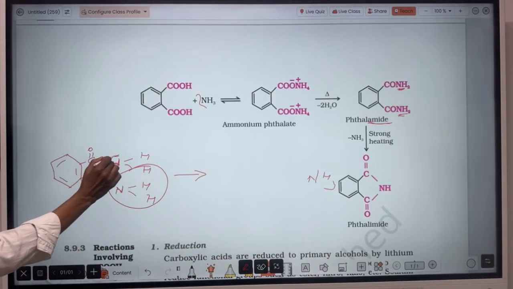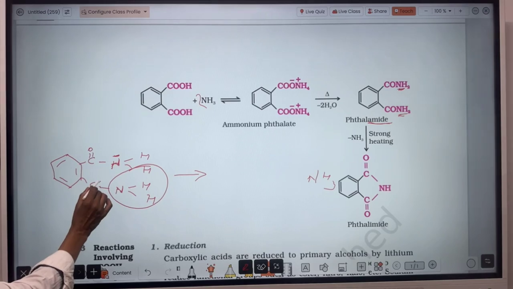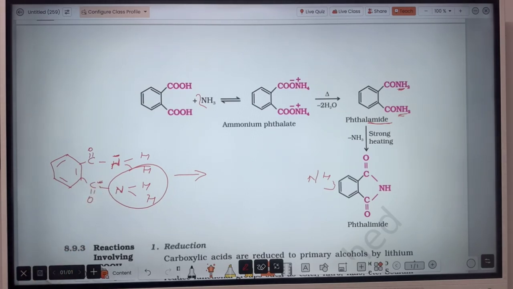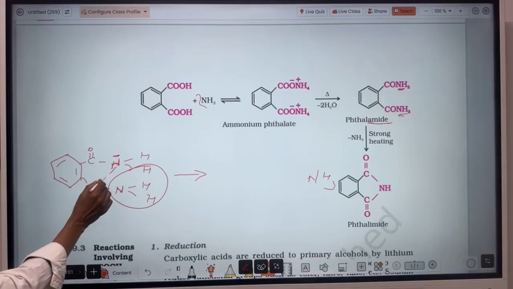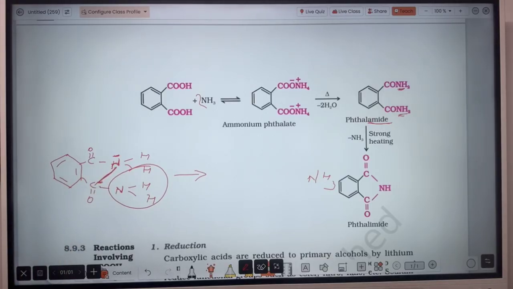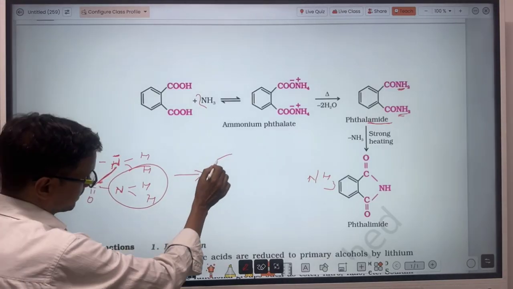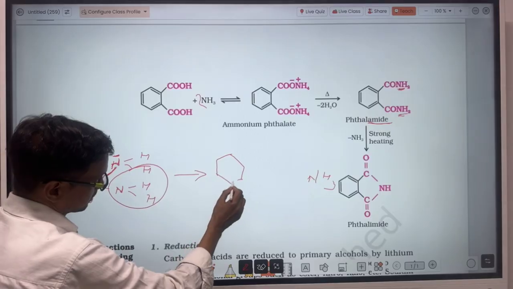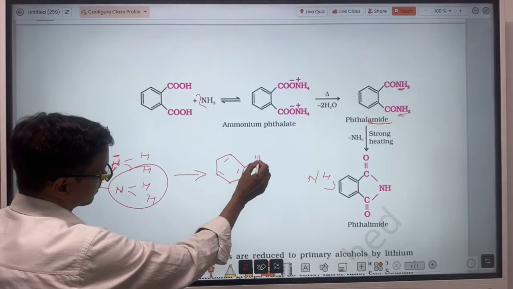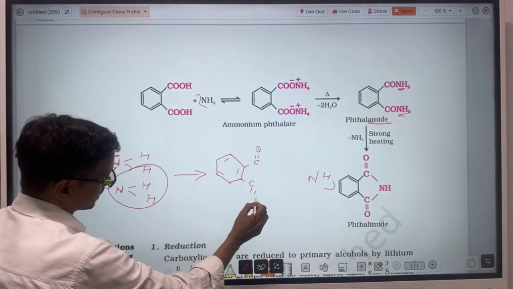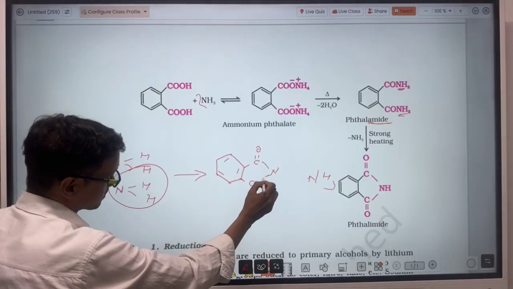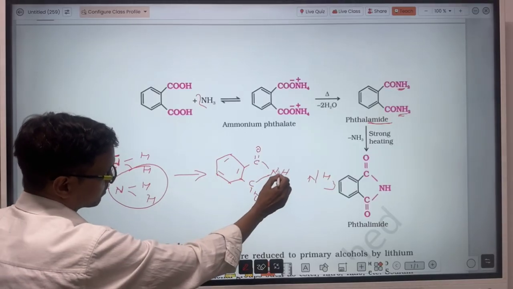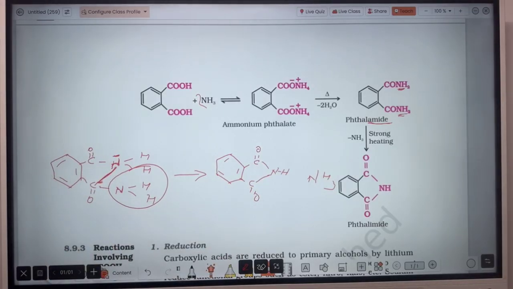Then the valency of this nitrogen atom and of this acyl carbon atom will both be unstabilized. So this nitrogen will get bonded to this carbon atom. So the structure will be like this: this benzene, here is one acyl carbon atom, here another acyl carbon atom, and here nitrogen, which is bonded to this carbon, and nitrogen is already bonded to this hydrogen.